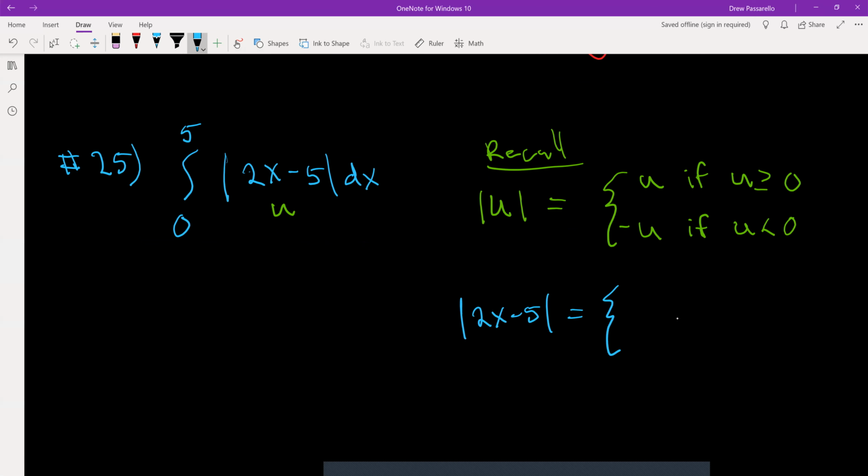is either 2x minus 5, if 2x minus 5 is greater than or equal to 0, or negative times 2x minus 5 if 2x minus 5 is less than 0.